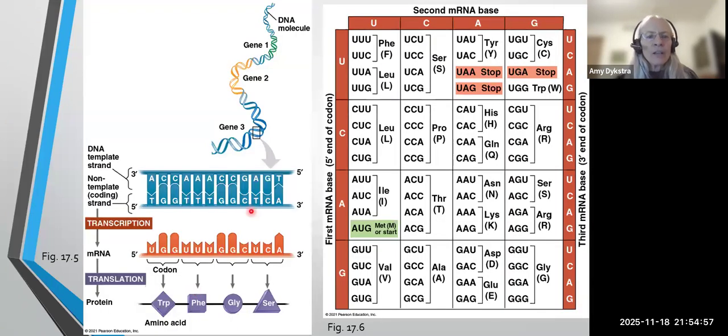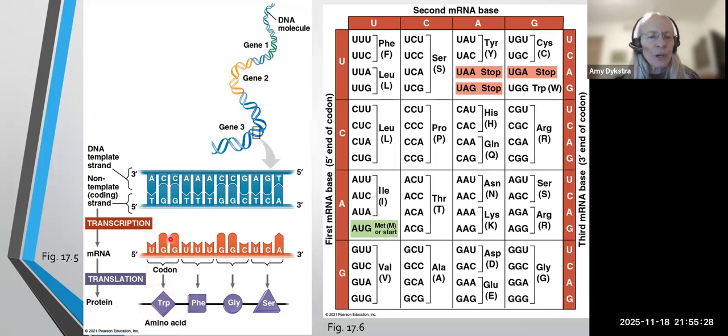So again, here's the DNA molecule, and a section of it would be a gene, and a gene consists of a section of DNA. It would be a lot more nucleotides than what are shown here, but you'll remember that the code on the DNA is copied onto messenger RNA, and then when the messenger RNA is translated into a protein, every 3 nucleotides codes for 1 amino acid.